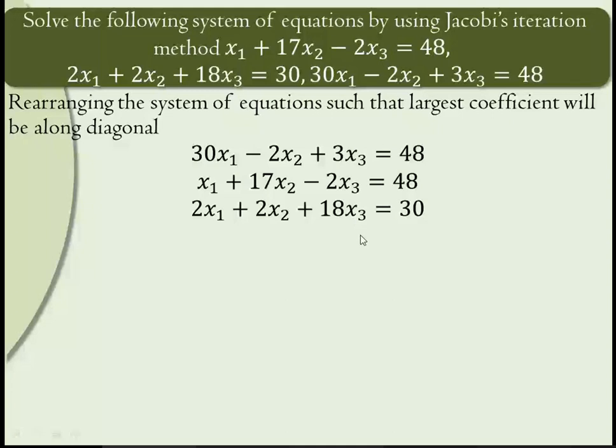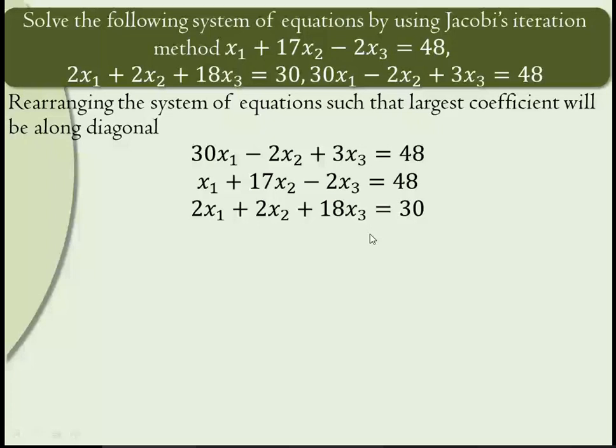We'll get the answer, but finding the solution will be lengthy. But if we choose the equations such that the highest coefficient of x1 is the first equation, the highest coefficient of x2 is the second equation, and the highest coefficient of x3 is the third equation, then we can get the answer in fewer iterations.